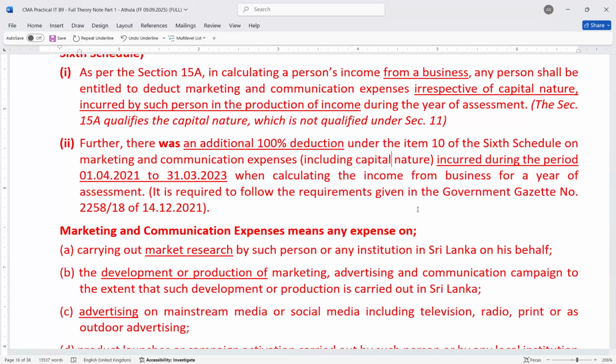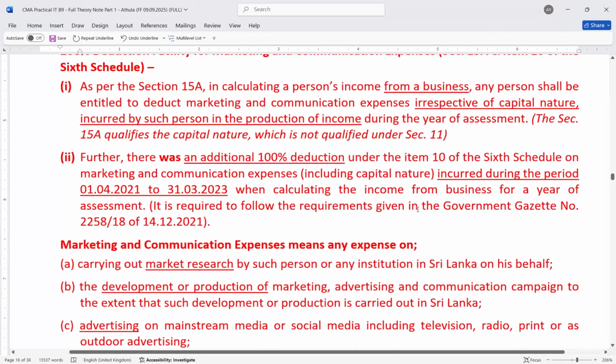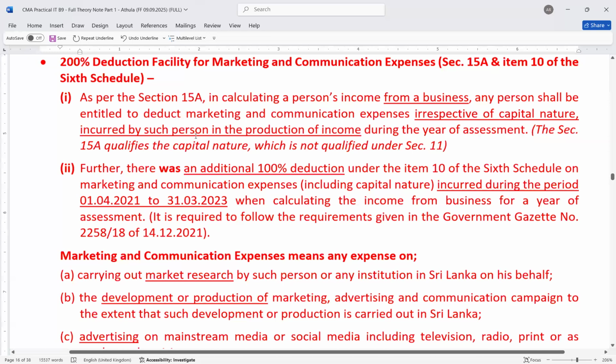That means only during that period, it is required to follow the requirements given by the Government Gazette 2258/18 of 14th December 2021. There are conditions in that. Subject to those conditions, we were permitted to claim these allowances, right?